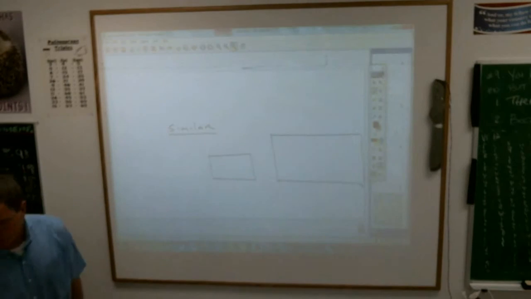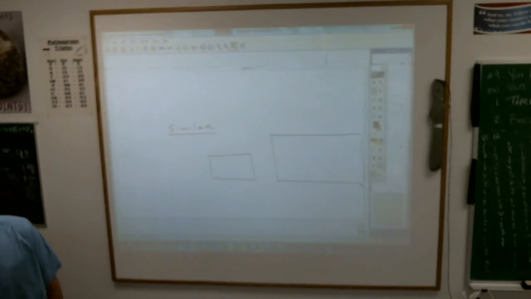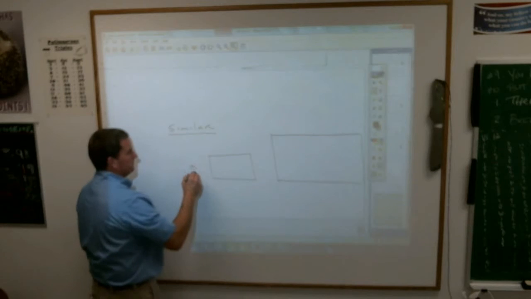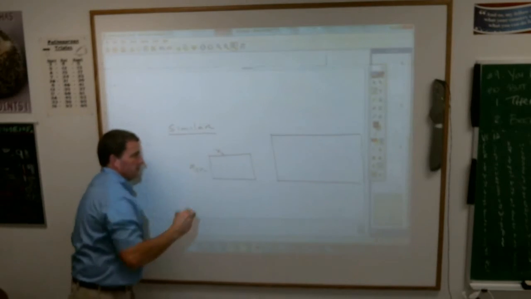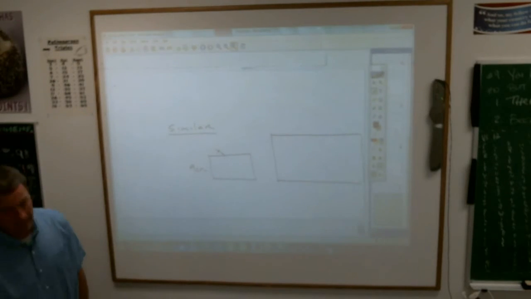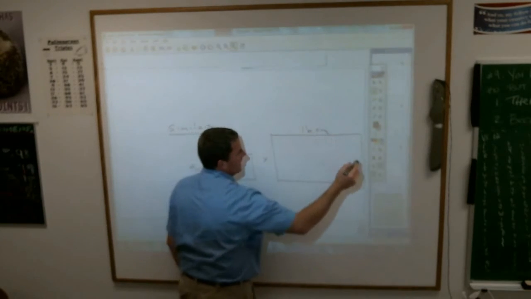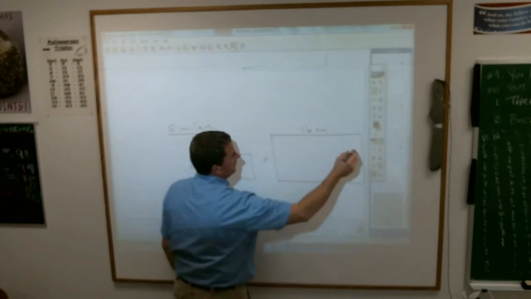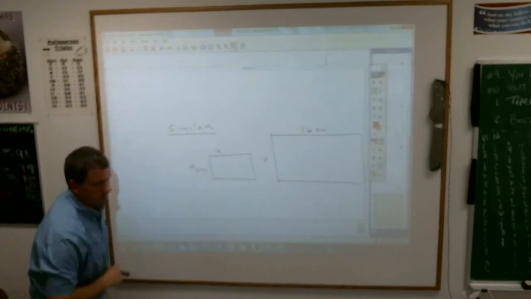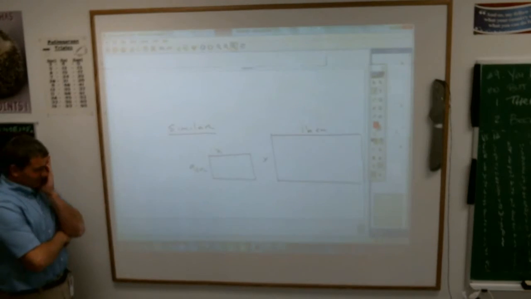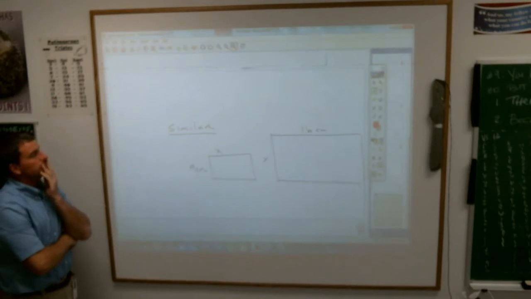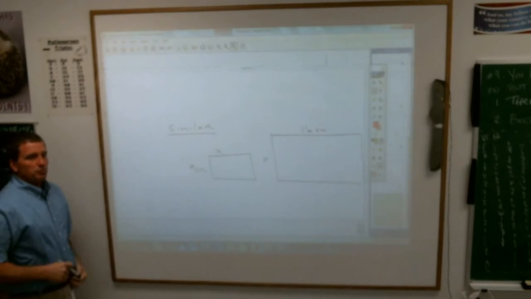So if you've got 2 similar rectangles and one side is 9 centimeters, and you have an x up there, and then you have an x over here, and this one's 16 centimeters, how do I find out how long those lengths are? If they're proportional, what would I do?